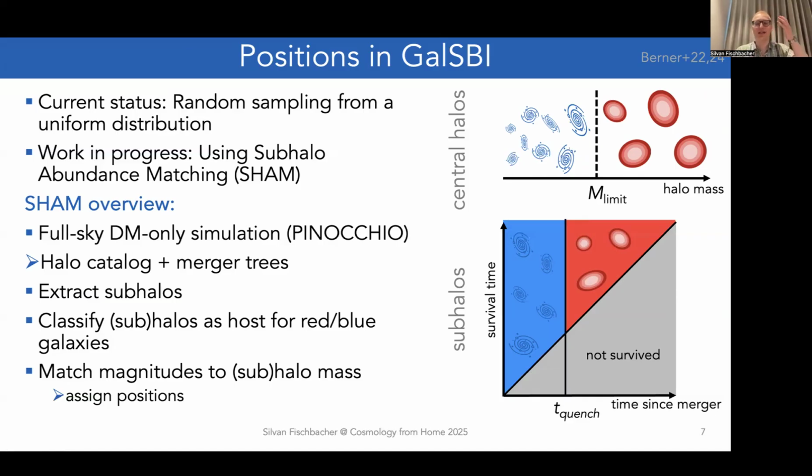This gives us now a catalog of halos that host blue galaxies and a catalog of halos that host red galaxies. And we basically just have to assign the GalSBI galaxies to these halos such that they get their position.